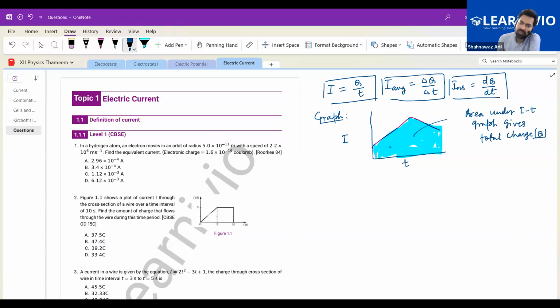So if you calculate this area, it would give you Q. Okay, this is the first graph. The second graph is that if you have a charge-time graph, and you calculate the slope of this graph, right?